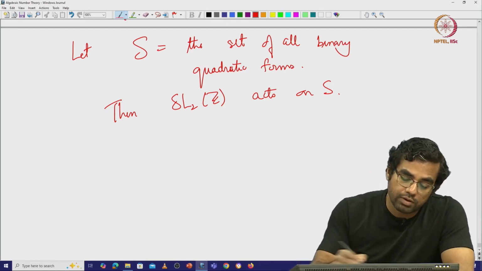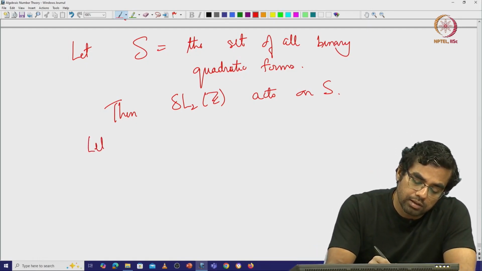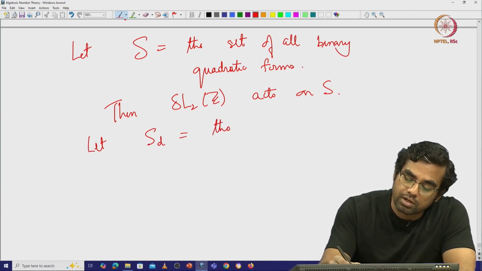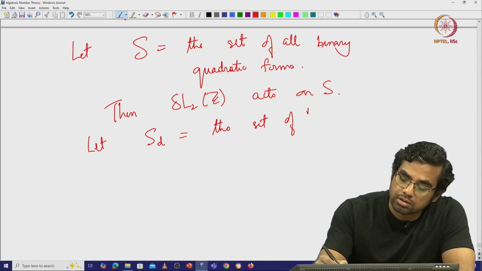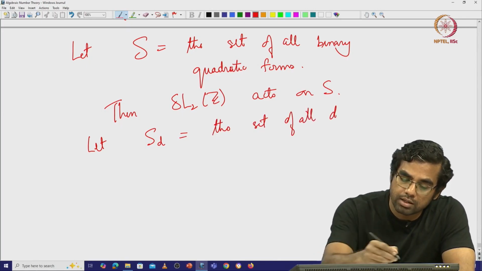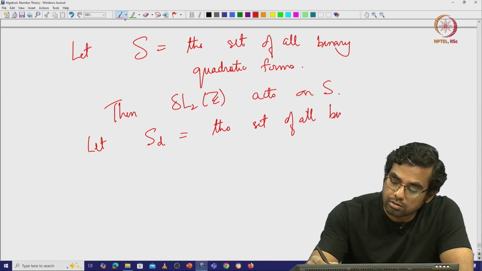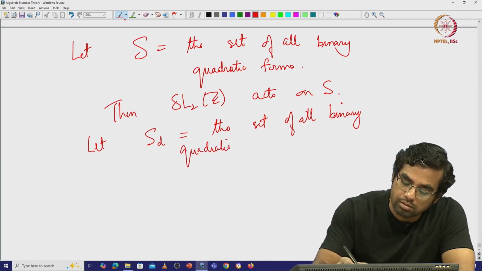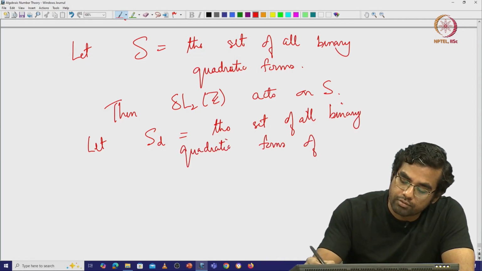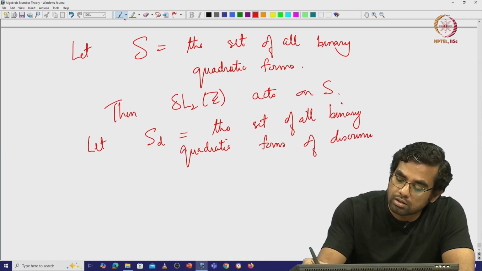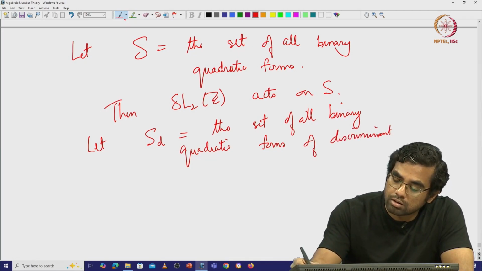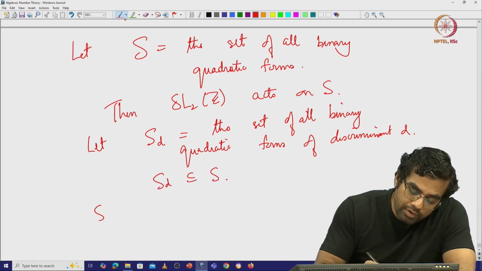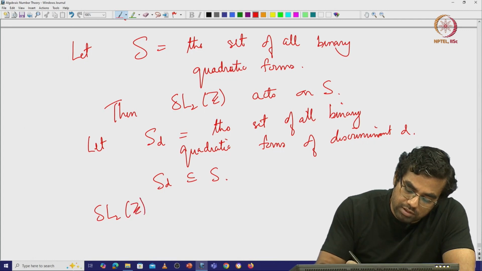Alright, that is one thing, but if I let SD be the set of all binary quadratic forms of discriminant D, then SD is a subset of S. Now, we have shown that SL2Z also acts on this.